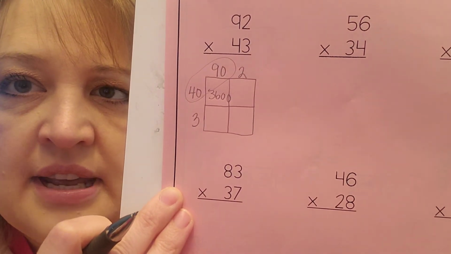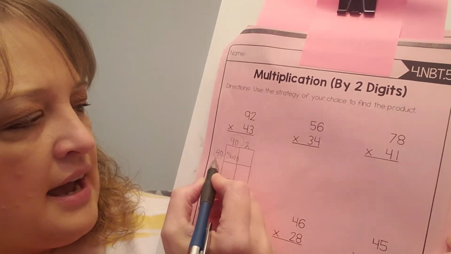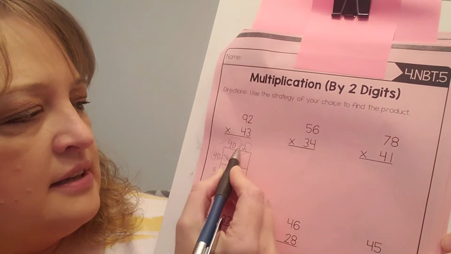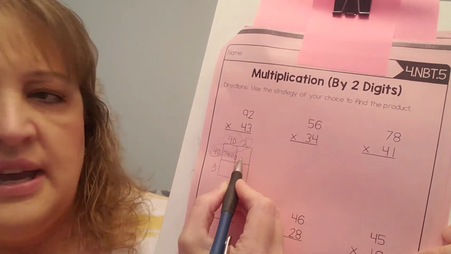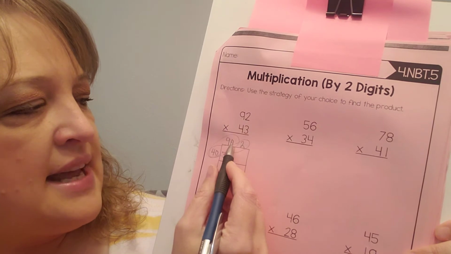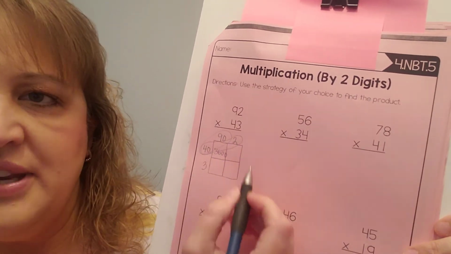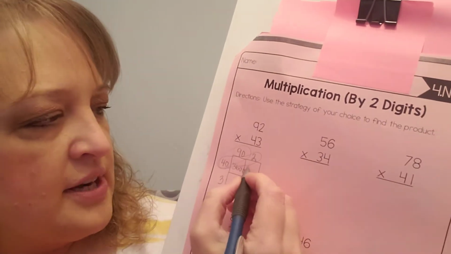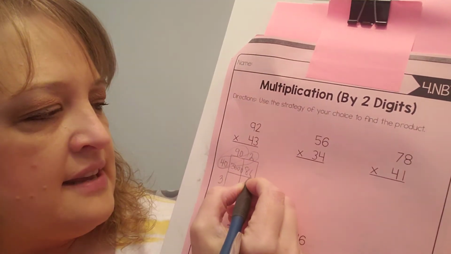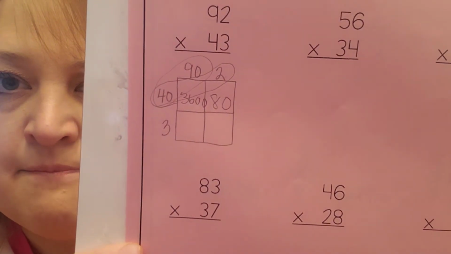All right. Now, in this next box right here, I'm going to do 40 times 2, and I'm going to put the answer there. Okay, so I did 40 times 90, and now I have to do 40 times 2. Well, 40 times 2, 2 40s is 80, so I'm going to put an 80 in that box.